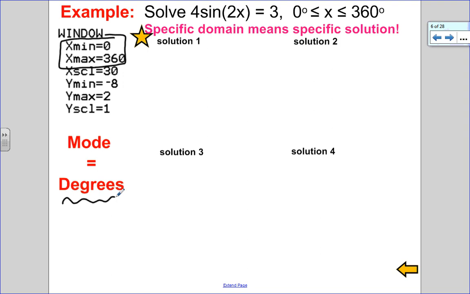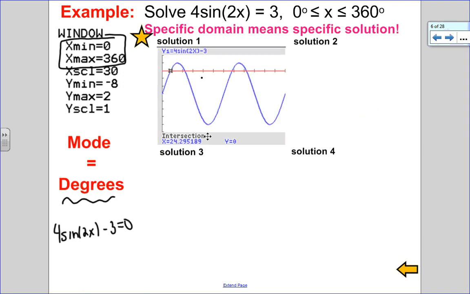Now before I can solve this, I need to set this equation equal to 0, and I'll do that by subtracting 3 from both sides. So this is the equation that I'm going to solve, and I'm going to find the x-intercepts for those solutions. So looking at my first solution, I put it into my calculator, and I see that my first x-intercept is 24.3.